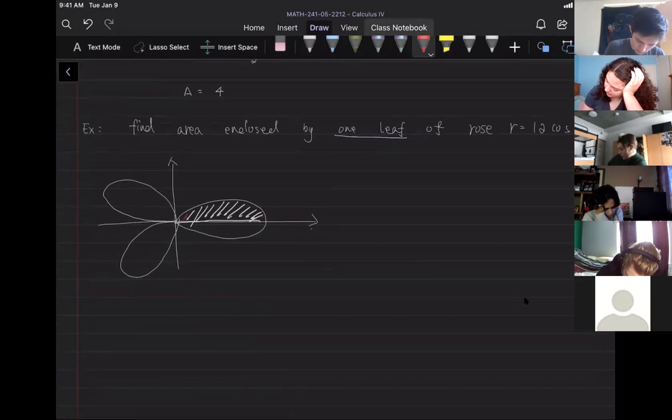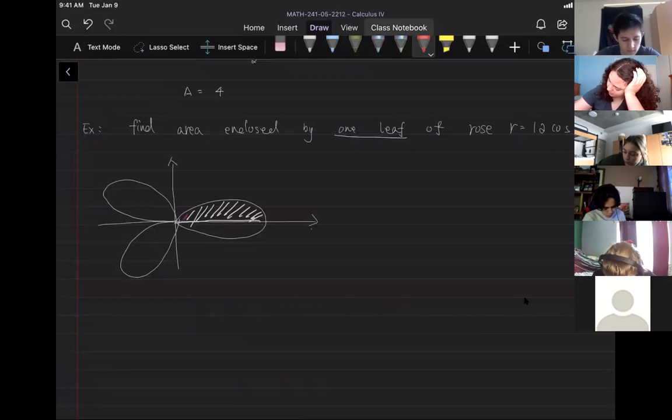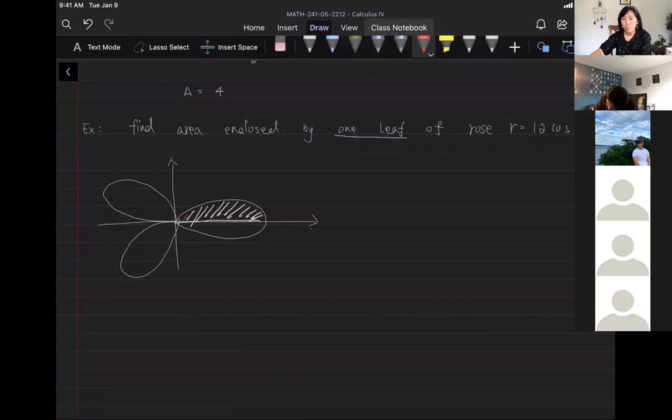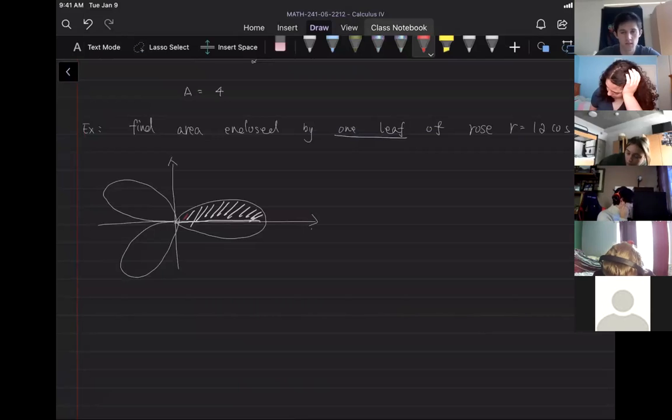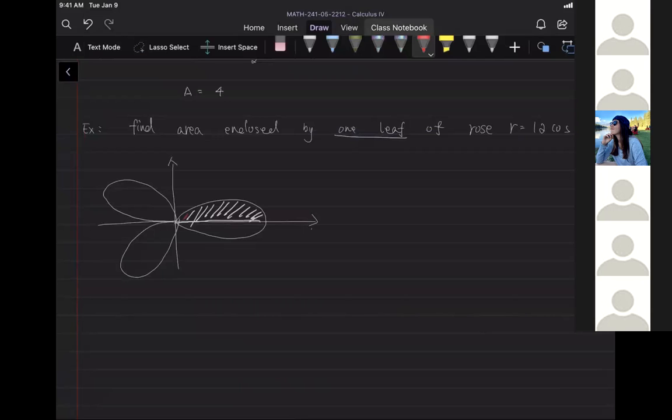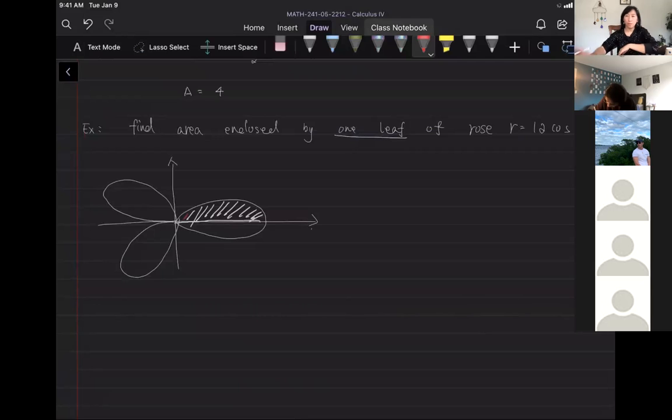Let's try this problem. You don't have to solve, just set up the integral. So basically, when we set up the integral, we just need to find the limits for r and θ.